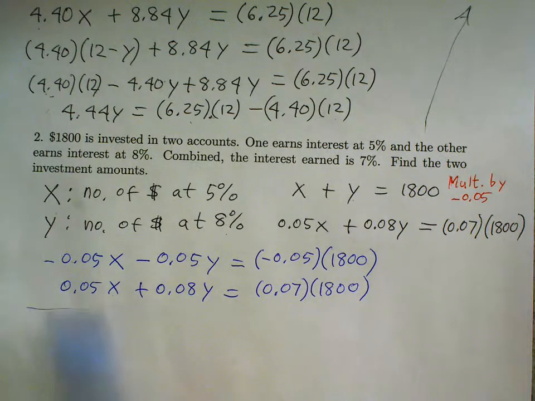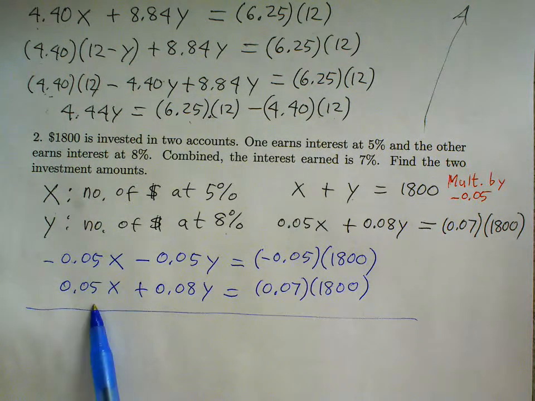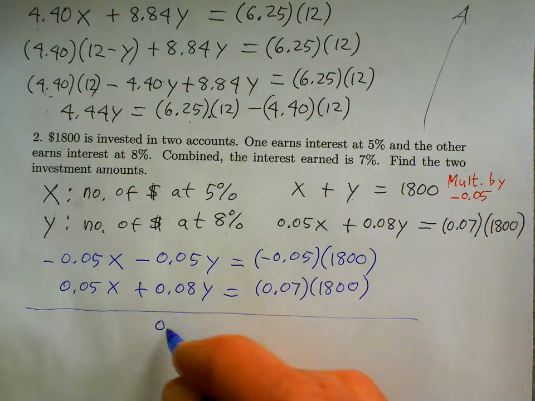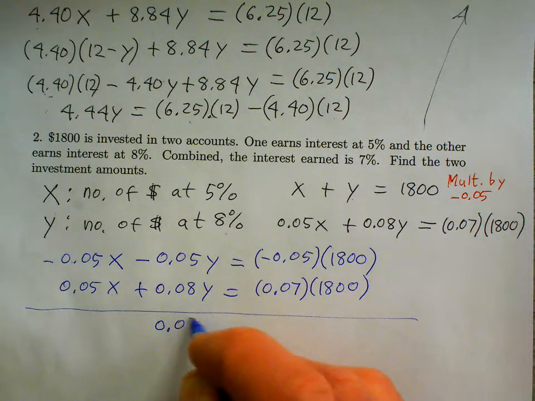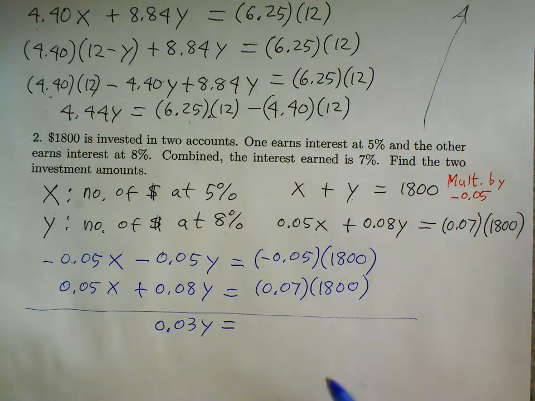Okay, so when we add these two equations together, the variable x is eliminated, and then negative 0.05y plus 0.08y, those are like terms, combine to give us positive 0.03y. And on the right-hand side, we're adding these terms.